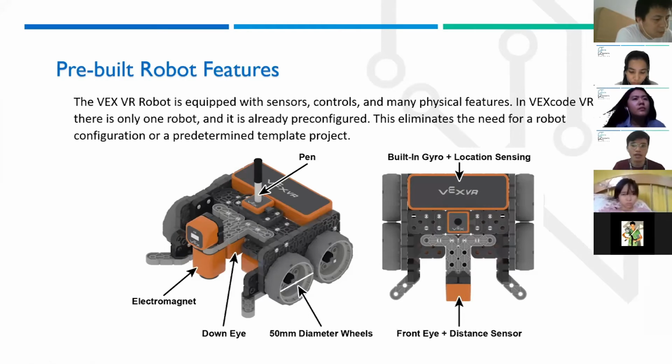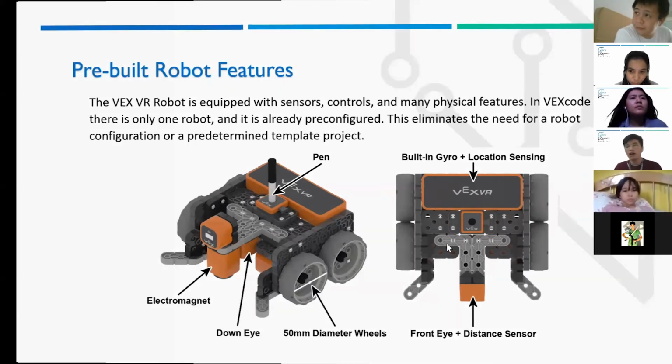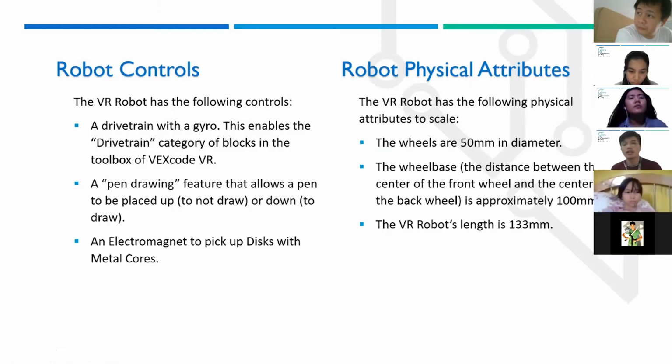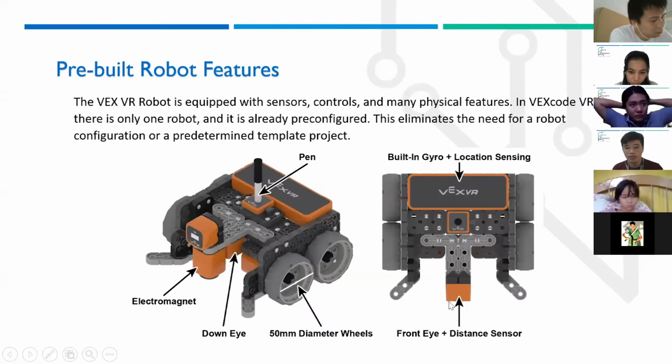This 100 millimeters gives you an idea of how much travel your robot can do, specifically when you're about to measure or start programming your drivetrain. The VR robot's length, from end to end, from your front eye to the rear side of your robot, is 133 millimeters.